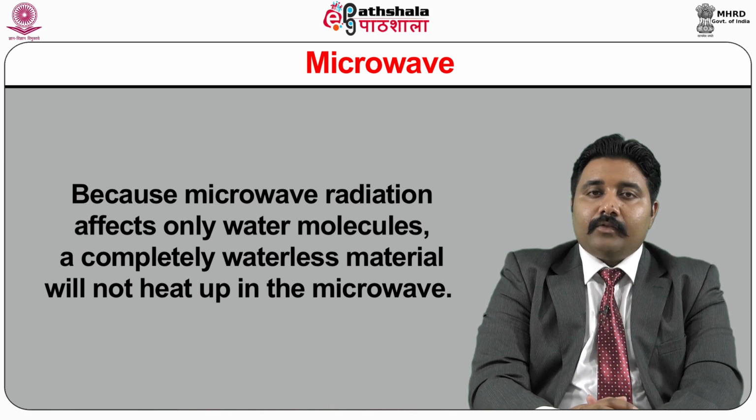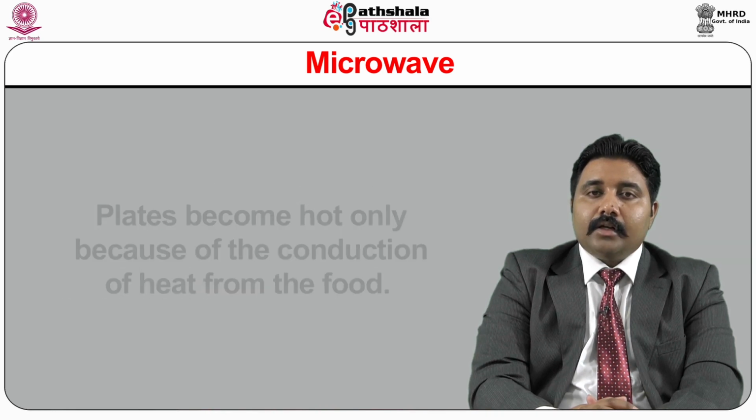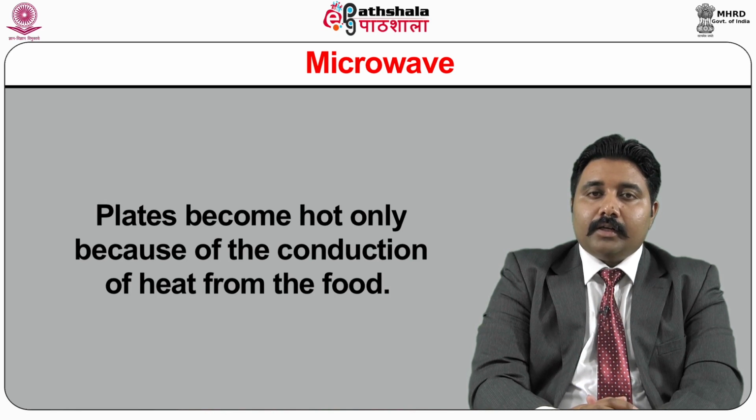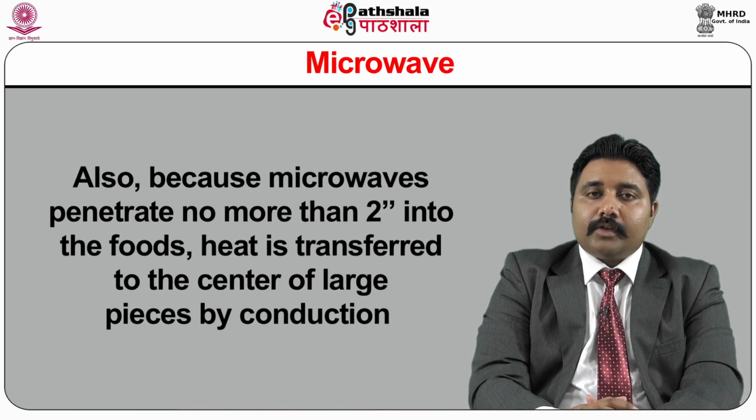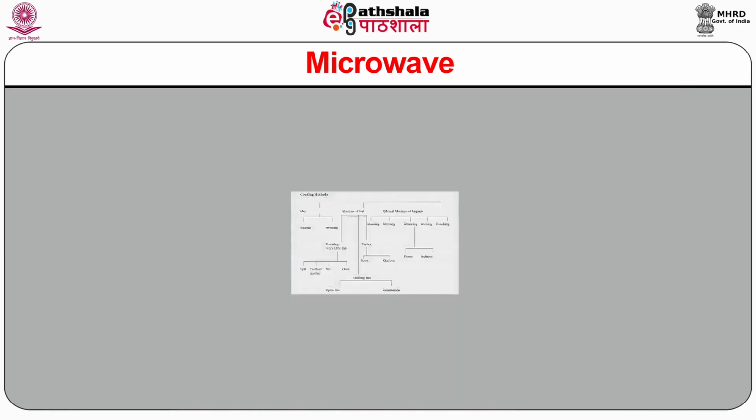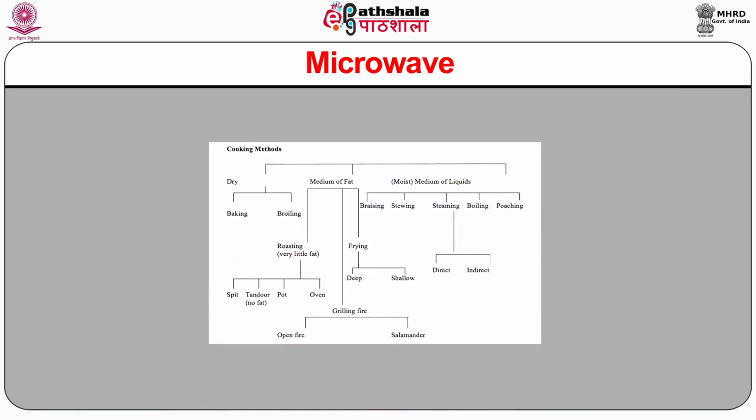A completely waterless material will not heat up in the microwave. Plates become hot only because of the conduction of heat from the food. Also, because microwaves penetrate only a short distance into the foods, heat is transferred to the center of large pieces by conduction.